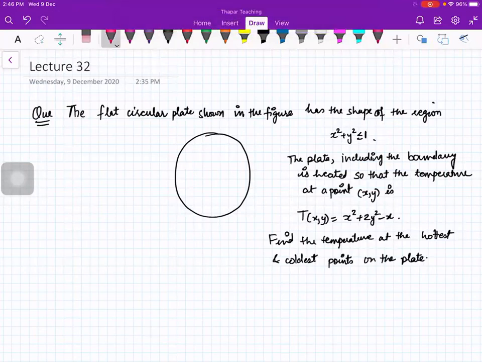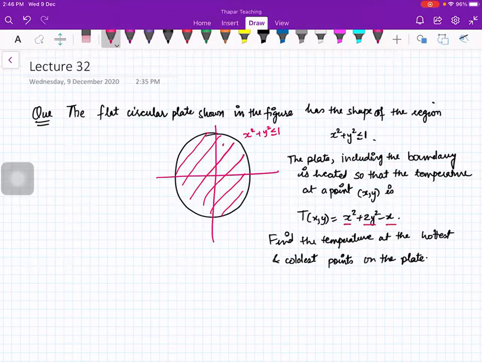So you are given a circular plate which is x square plus y square less than or equal to 1, including the boundary. This plate is heated, so you have a source of heat. The temperature at any point of the plate is x square plus 2y square minus x.